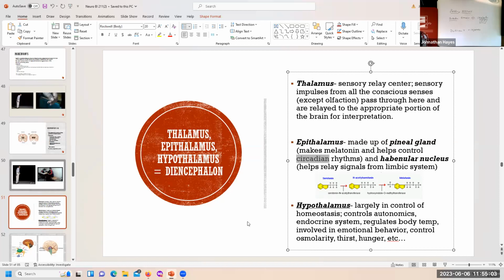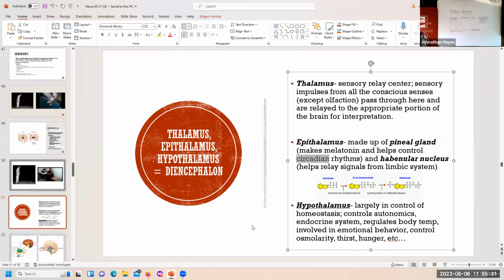So one of the most studied circadian rhythms is cortisol production in the body, in which cortisol levels are usually highest about 9 a.m. in the morning, and they tend to stay fairly high, but they'll decrease until they get to about 5 o'clock at night, and then all of a sudden they just kind of drop. And that circadian rhythm repeats itself every single day. So it's a rhythm that repeats itself in about a 24-hour period. So that's what it means by circadian rhythms.